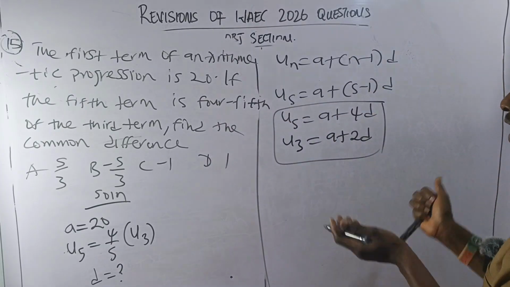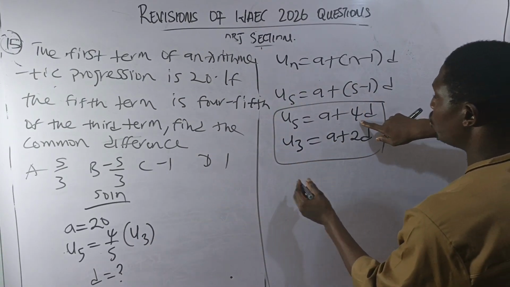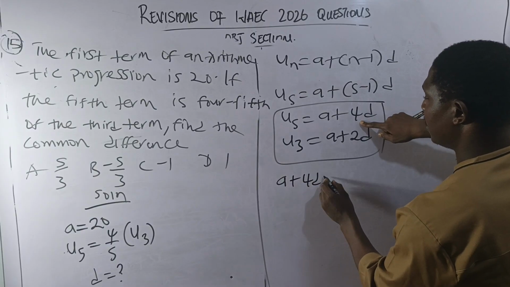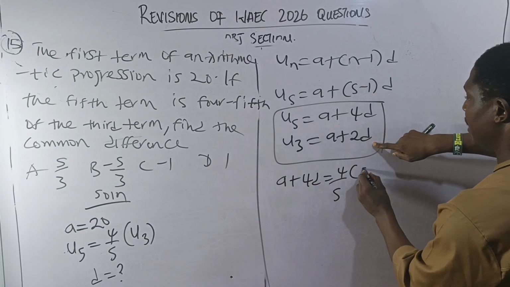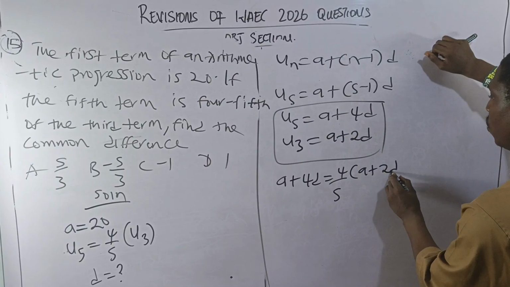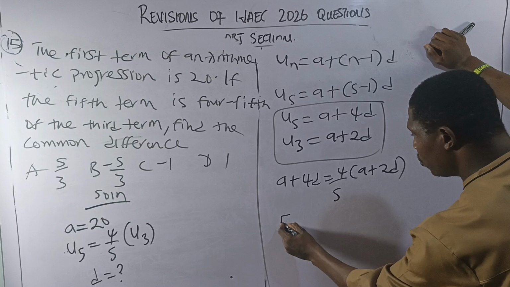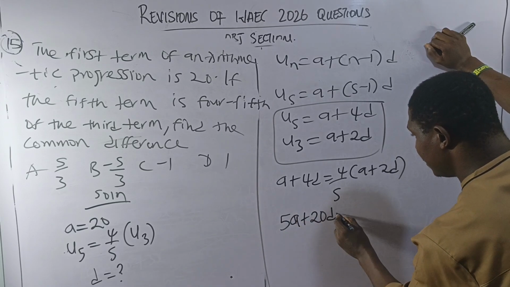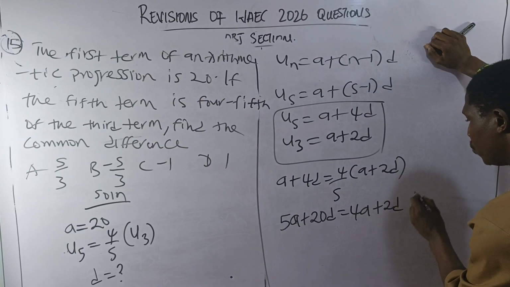Then they give a relationship: U5 equals 4 over 5 U3. So a plus 4d equals 4 all over 5, times a plus 2d. Now I can cross multiply. This will give me 5a plus 20d equals 4a plus 2d.